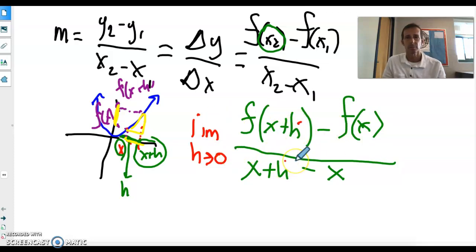So I'm going to clean this up a little bit, and then you're going to have your formula for finding a derivative. The only thing I'm going to clean up is this down here. I have x plus h minus x, so these x's can cancel.